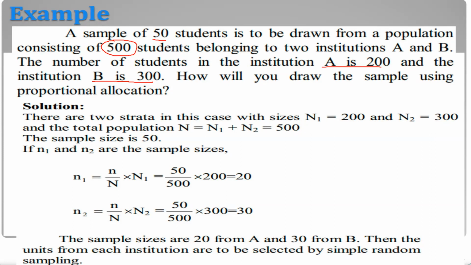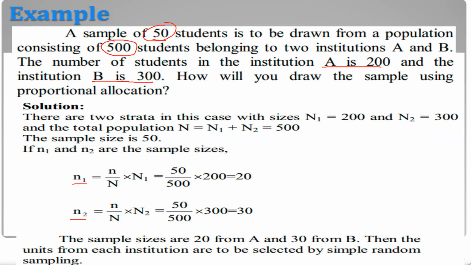From this given, we have two strata or 2 subpopulations. So based on our given, it will be represented as small letter n sub 1 and small letter n sub 2. So the total sample size that is being given here would be 50.